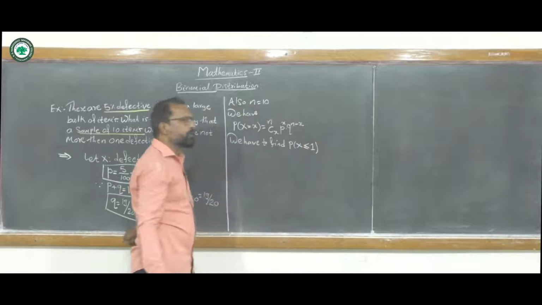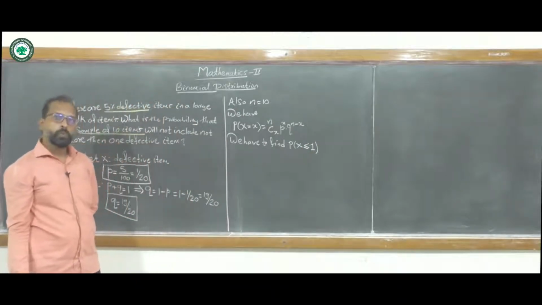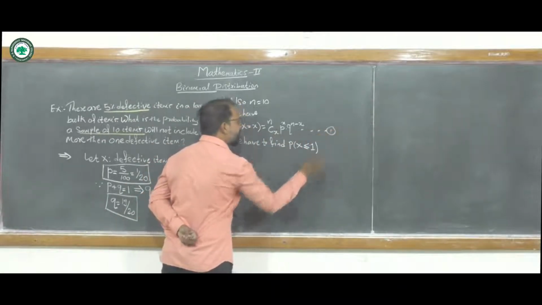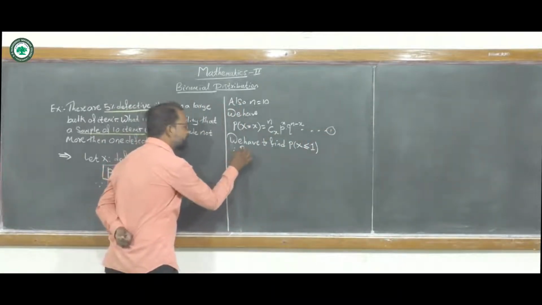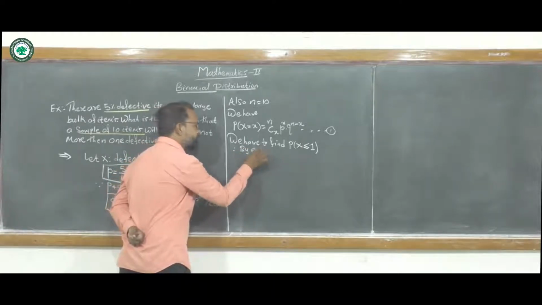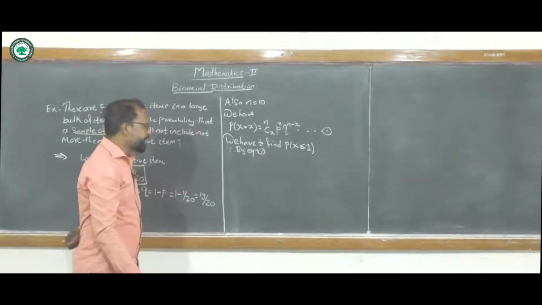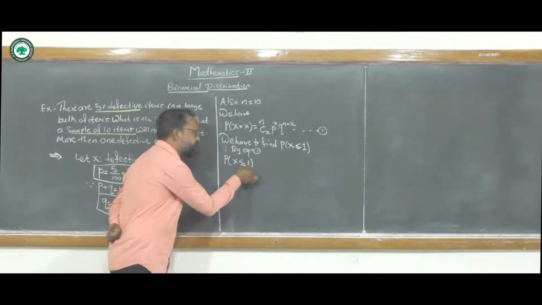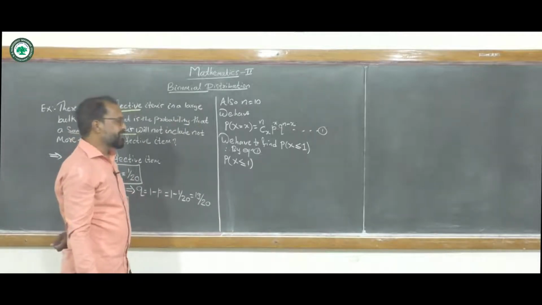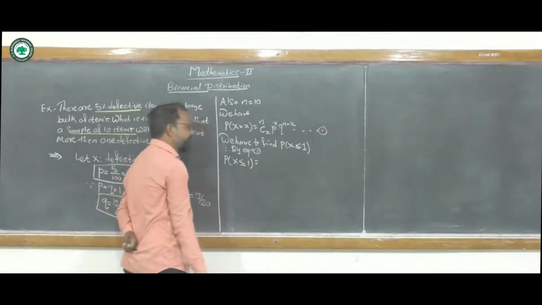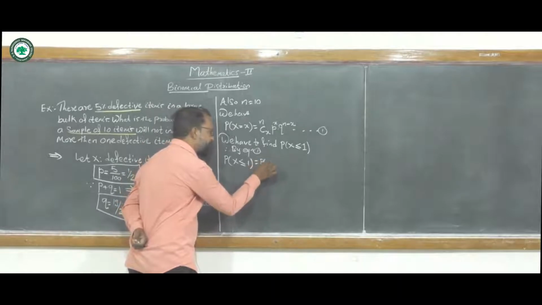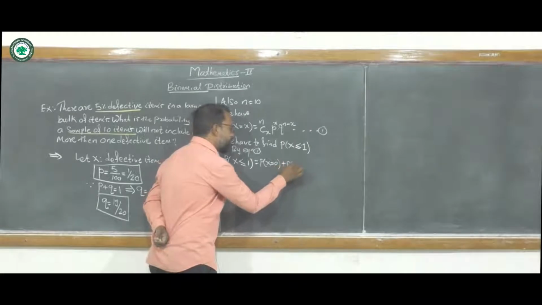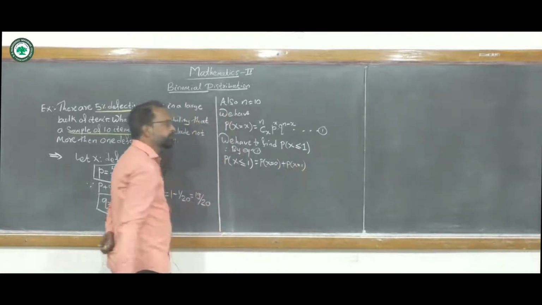Let us call the above formula equation number 1. Now for X less than or equal to 1, the possible values are 0 and 1. So this can be written as probability of X equals 0 plus probability of X equals 1.